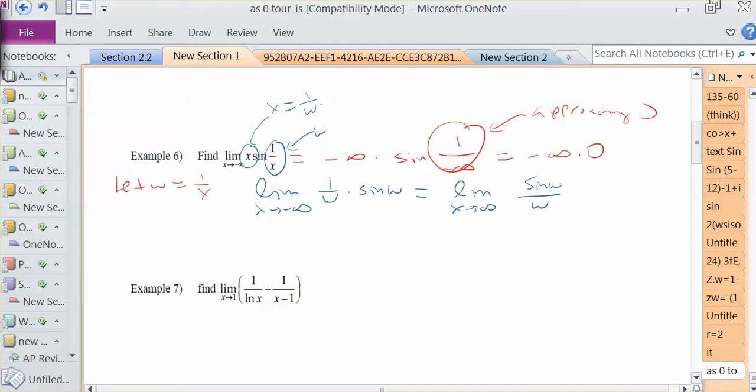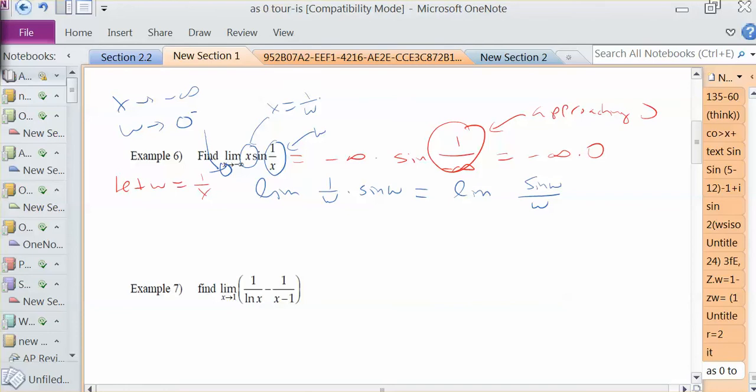Actually, I was thinking of another scenario. Actually, another mistake I just made. My apologies. So, of course, if we're changing from x to 1 over w, we've got to change this as well. Sorry about that. So, if x is approaching negative infinity, then w, of course, has to be approaching 0 from the left.